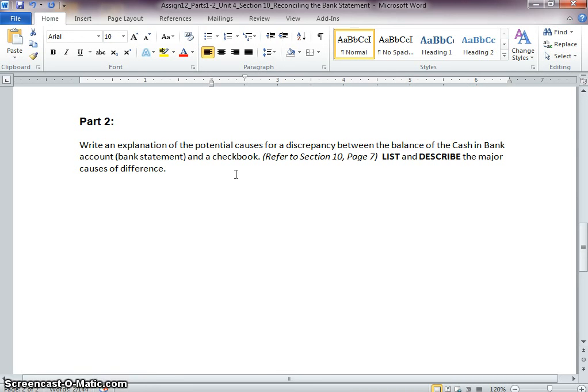We also talked about the 3 major causes of difference of why our balances might not match up with the bank statement. So list and describe. Here's your clue: there are 3 different major causes of difference. Okay? So that's your clue for part 2.